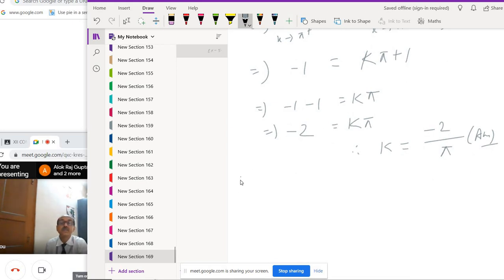Question number 29. f(x) equal to kx plus 1 when x is less than or equal to 5, and 3x minus 5 when x is greater than 5.